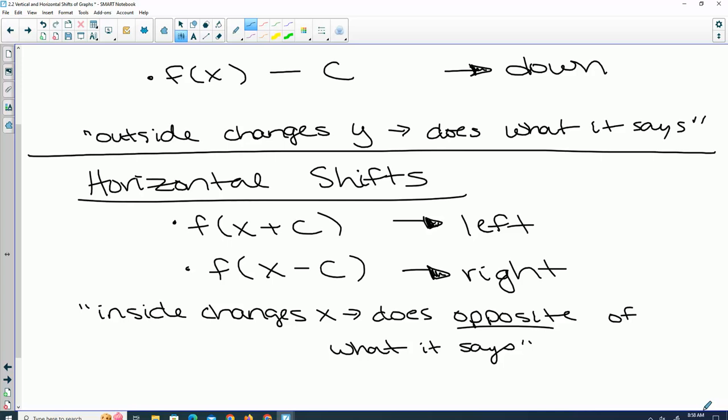When we did our parent functions, those basic ones, how many points did I tell you? 3, minimum of 3. That is still the case. So what I'm going to tell you on any of these is I want the parent function with a minimum of 3 exact points, and then the final graph with a minimum of 3 exact points.